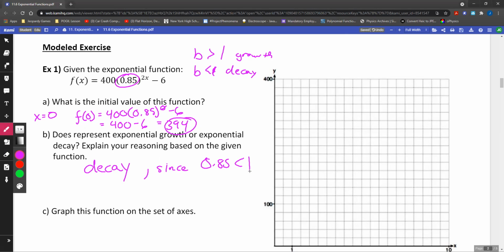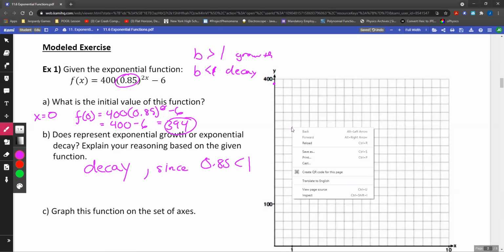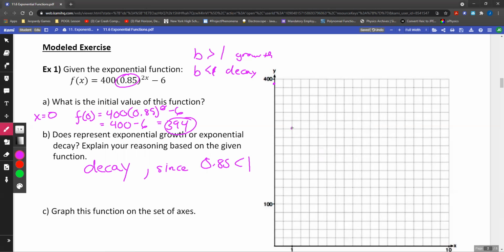Now the next part is where we're going to actually graph this. So again, you're going to have to use a graphing calculator. If you have one, you might have to reset the axes and set it to zoom fit. But the way it's going to look is going to be about, I'm going to eyeball some of these numbers. So that goes there.